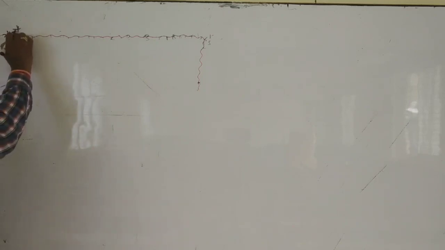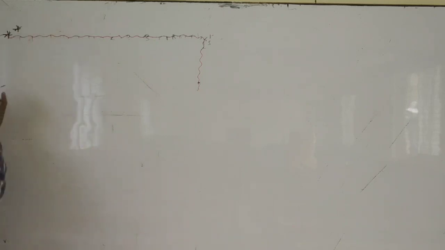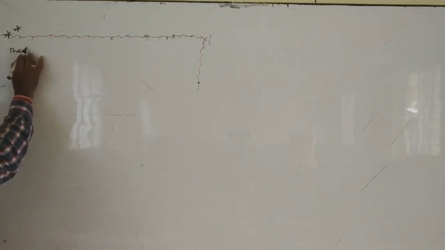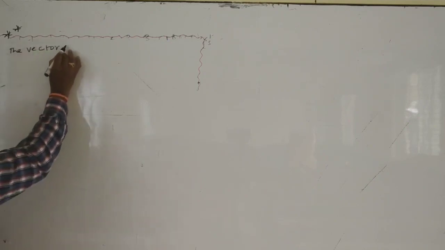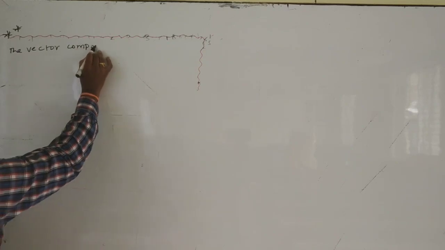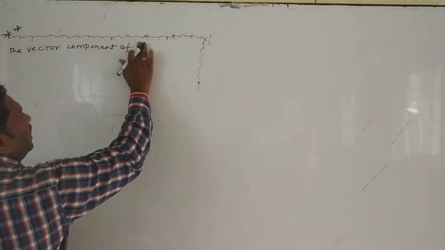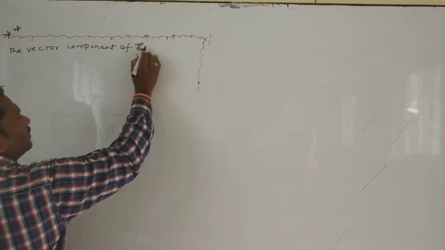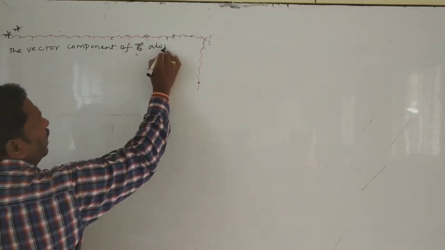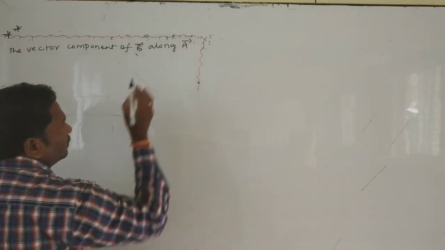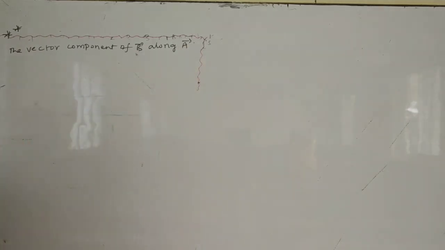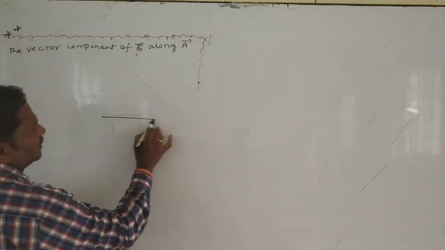Next, there are important points. The vector component of B vector along A vector, B bar along A bar. We can write it like this.